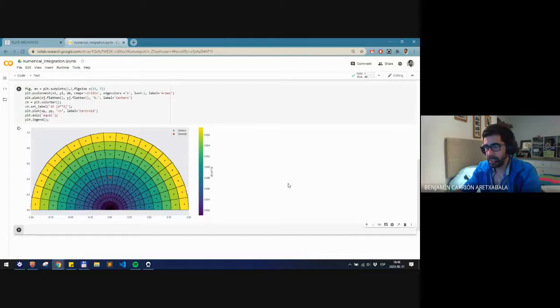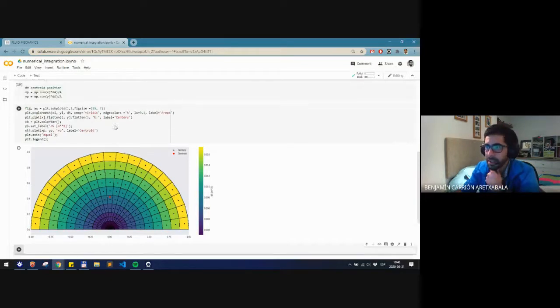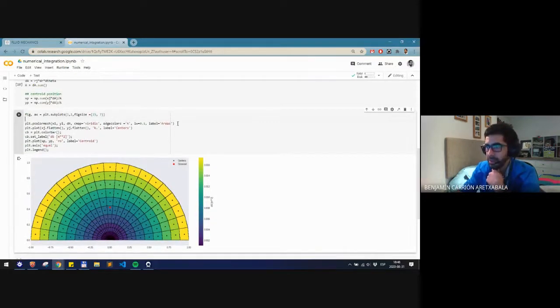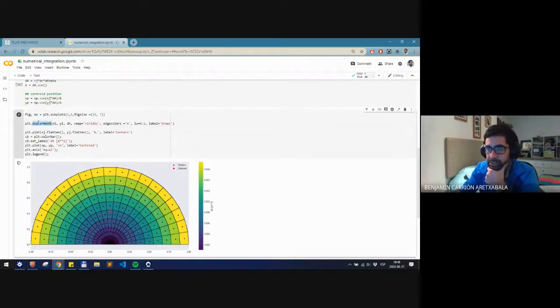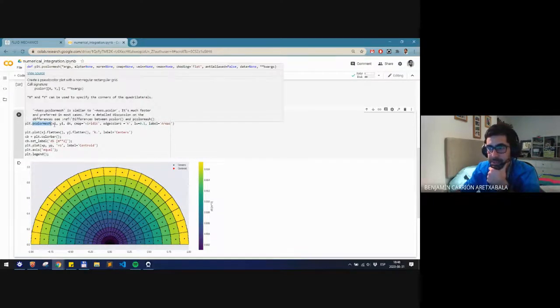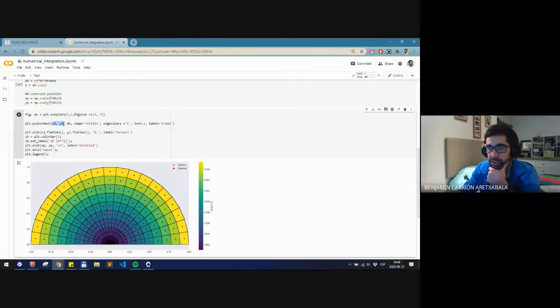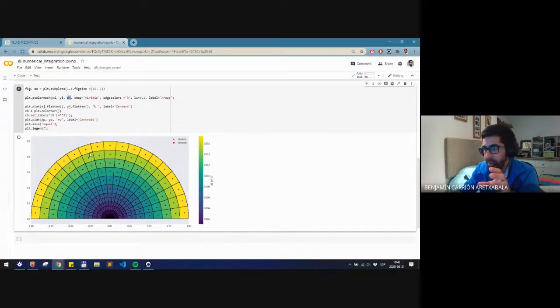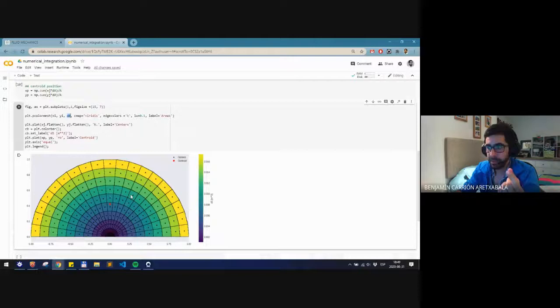Let me see if this works. Yes. So you see here, you don't need to remember everything, but this function is plotting the mesh. So here we're giving it the corner locations, and we're painting it with different colors depending on the area. You can see the outer rim has one color, and then it gets smaller because the inner space has smaller areas.